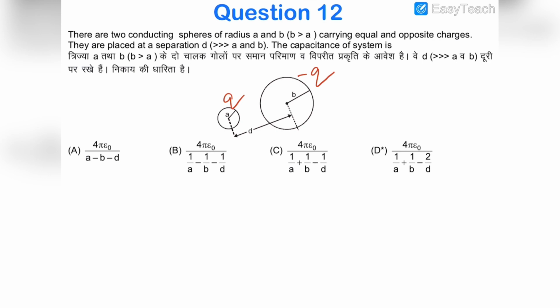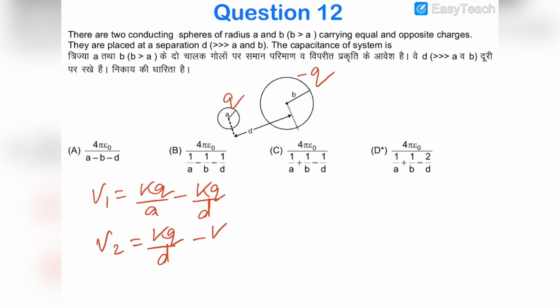Okay, so let us see that the potential V1 of the first sphere, this one, would be KQ by A minus KQ by D. This is the potential due to this one. And the potential V2 of the bigger sphere, this one, would be KQ by D minus KQ by B. Okay, now we know that we have to find out delta V, which is V. So this is V1 minus V2.